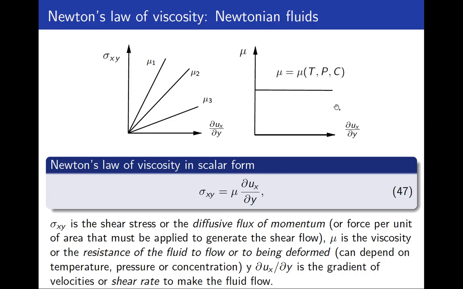So in the case that we have constant temperature, constant pressure, and constant concentration, the viscosity is always going to be constant, even if the velocity gradient varies.